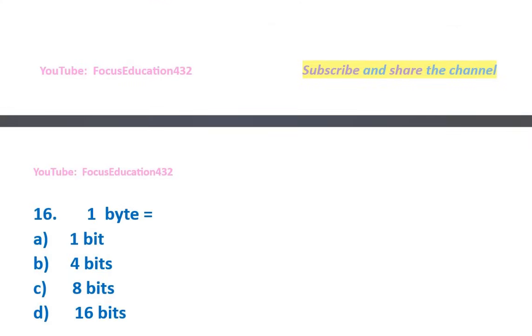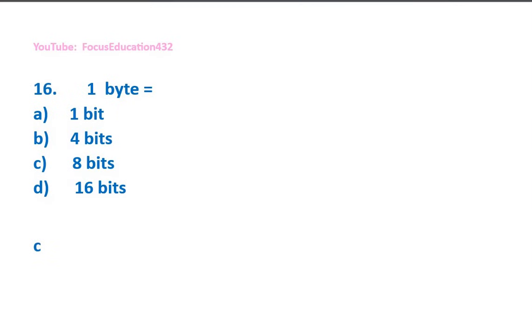One more than that you don't need. 1 byte is equal to what? We know a bit. What is a bit? It may be a 1, it may be a 0. What about 4 bits? 4 bits means like 1, 0, 1, 1, or 0, 1, 1, 0. This is 4 bits. So a byte is not this.